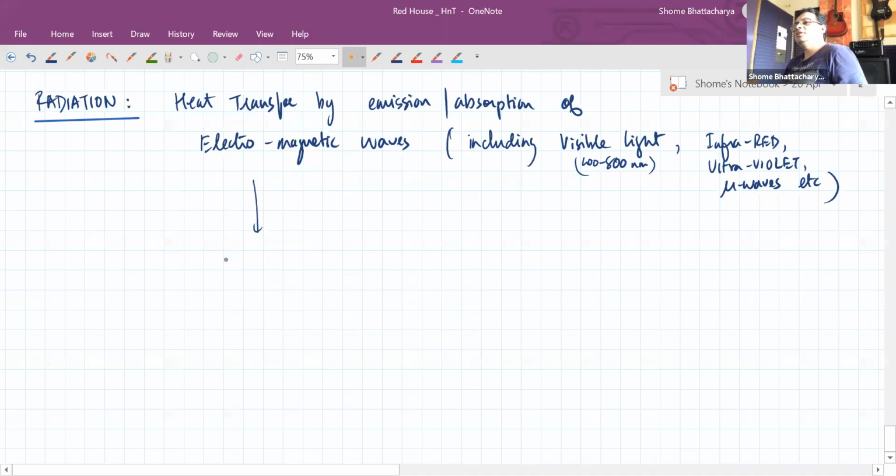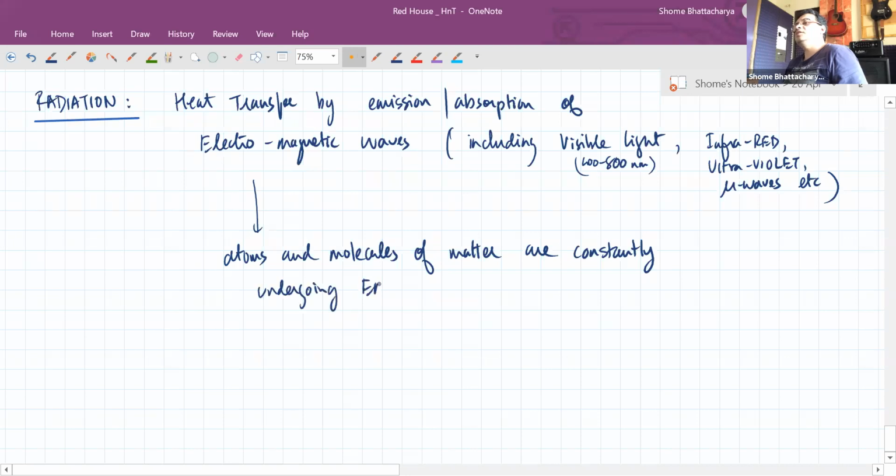So basically what happens is atoms and molecules of matter are constantly undergoing transitions. Energy transitions.